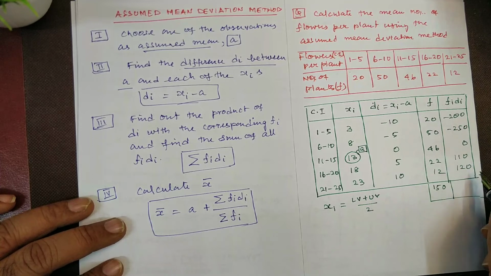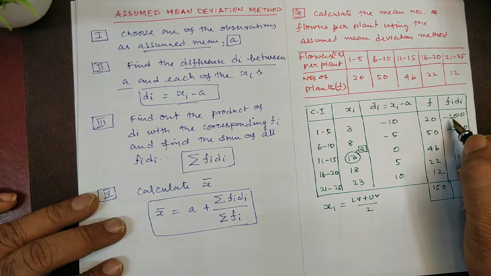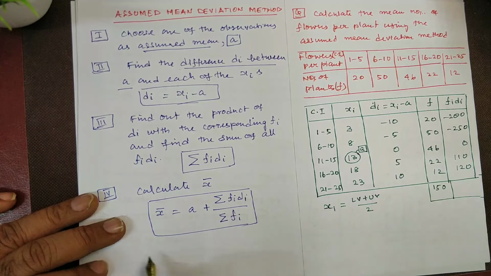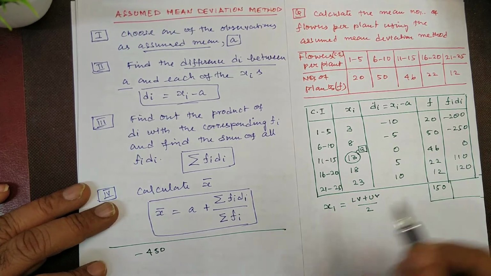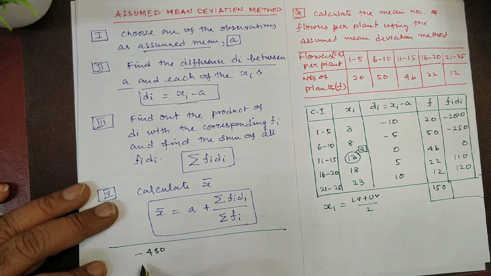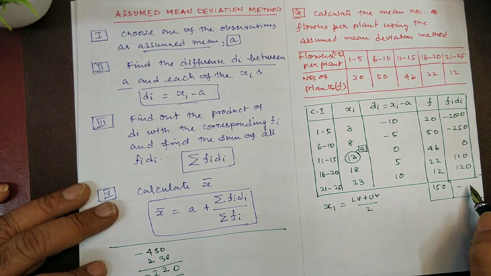Adding the products: minus 450 plus 230, so the value is minus 220.